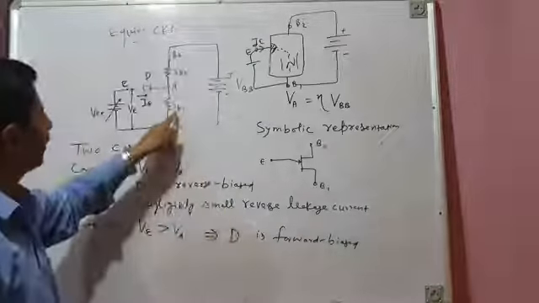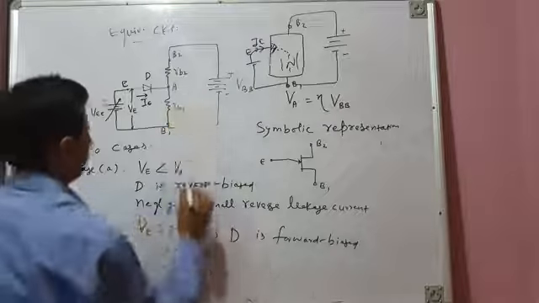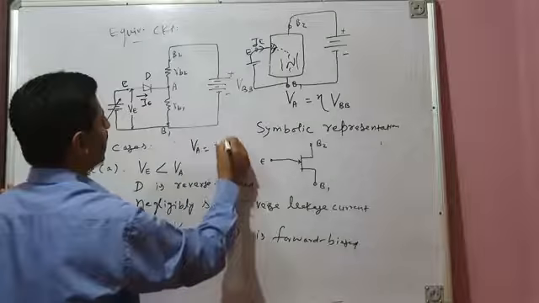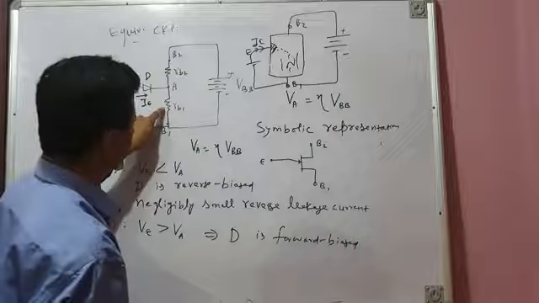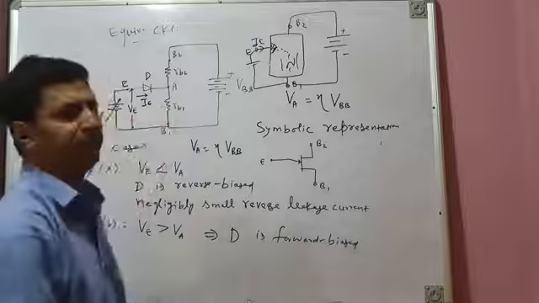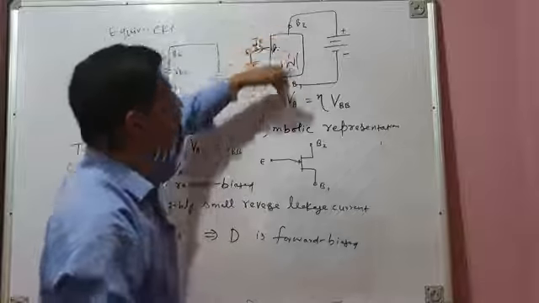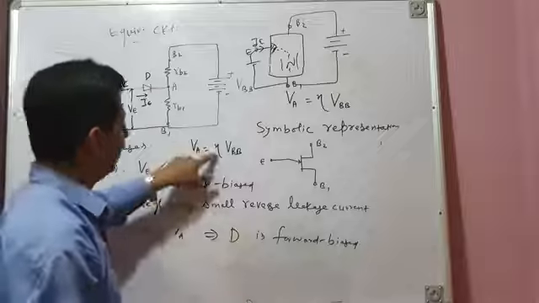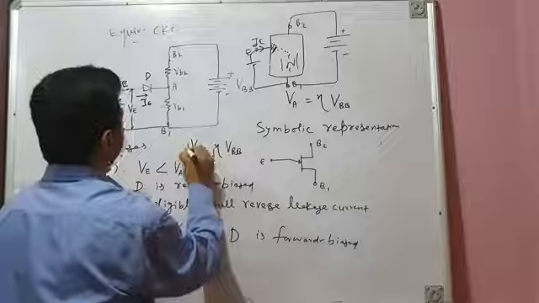So this RB1 decreases. When this RB1 decreases, this voltage VA also decreases, because what is this VA? VA is eta times VBB, and this eta depends upon RB1. Eta is RB1 divided by RB1 plus RB2, and when RB1 decreases because of the flow of holes, flow of charge carriers, RB1 drastically decreases, eta also decreases, and because of decrease of eta, VA also decreases.